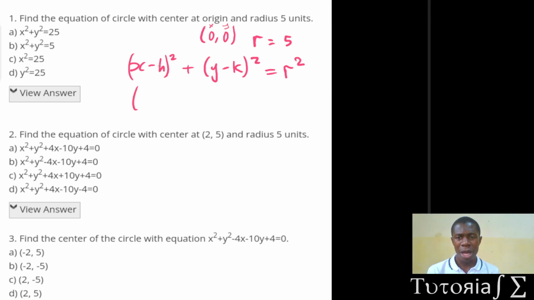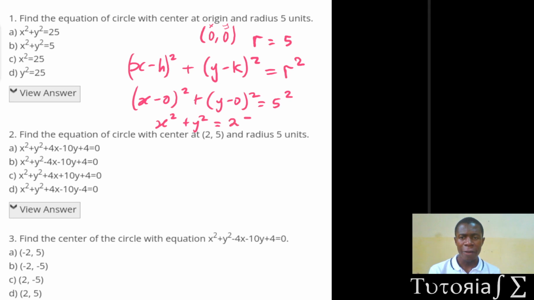So we replace: x minus 0 squared, plus y minus 0 squared, which is the radius 5, so that would be 5 squared. Simplifying this, we get x squared plus y squared is equal to 25. So that is the equation of the circle, and our answer is A.